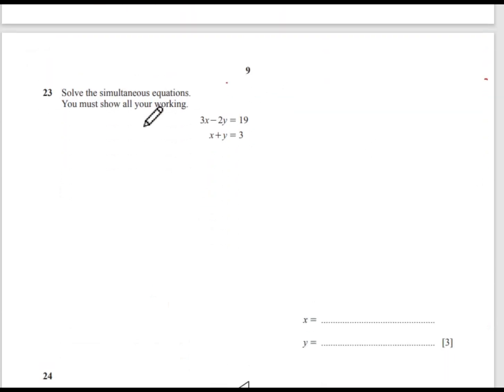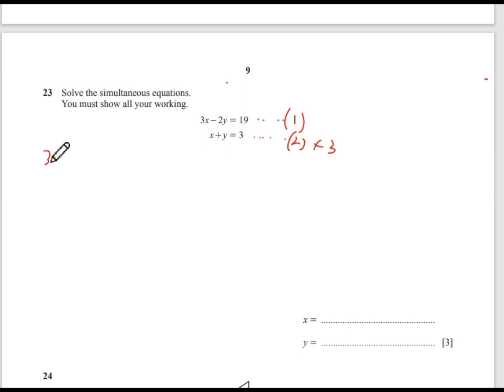Now I solve the simultaneous equations. You must show all your working. 3x minus 2y equals 19, let's call this equation 1. x plus y equals 3, let's call this equation 2. We are using the elimination method. We want to multiply equation 2 by 3 so that it has the same coefficient of x.